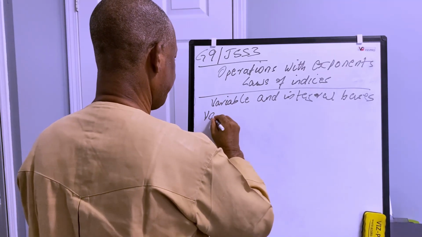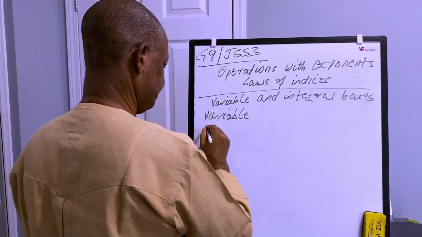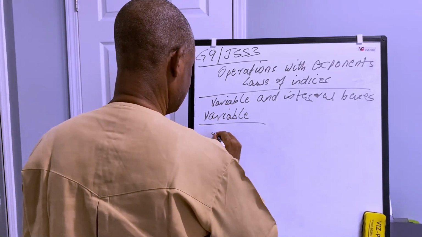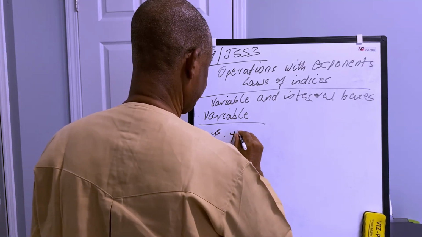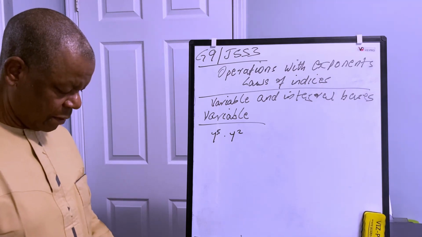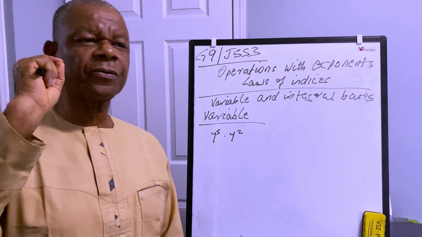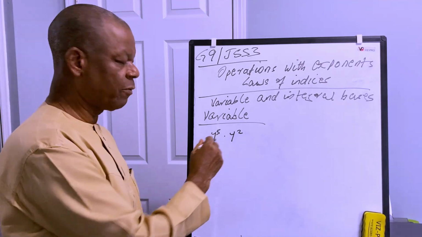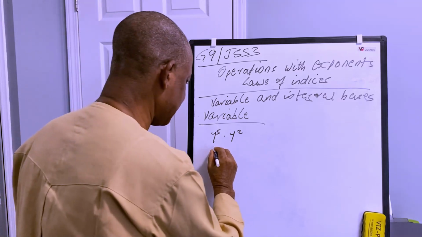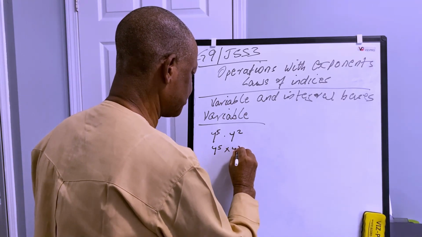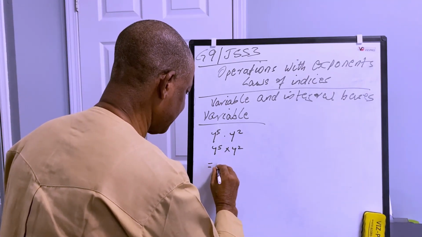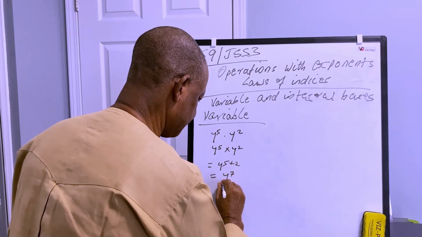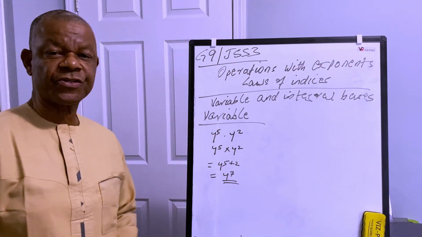For the variable bases, we may be asked to solve y raised to power 5 times y raised to power 2. One has to be careful in mathematics, because any little thing means so many things. You can see this dot; it stands for multiplication. So this is the same thing as y^5 times y^2, which is y raised to power 5 plus 2 according to the law, and that gives us y raised to power 7. That is for the variable bases.